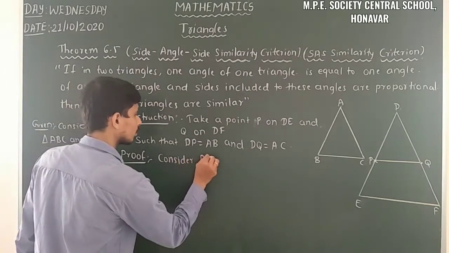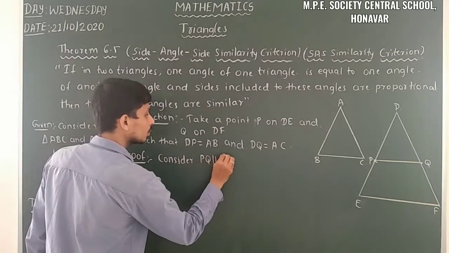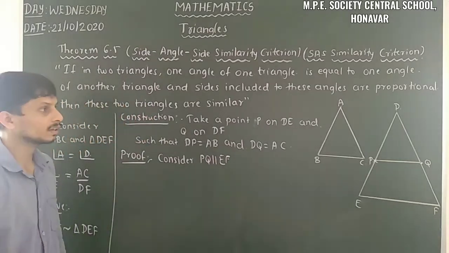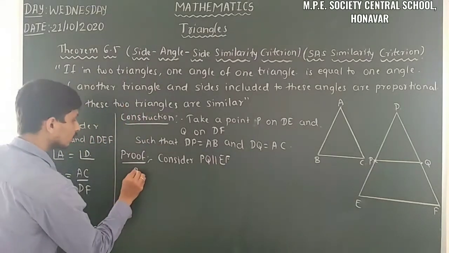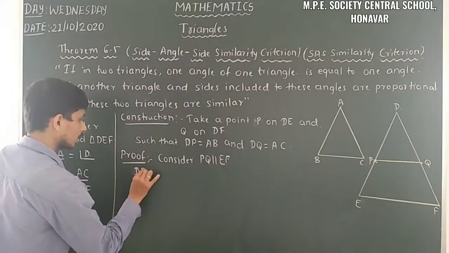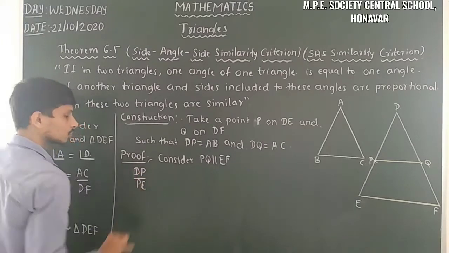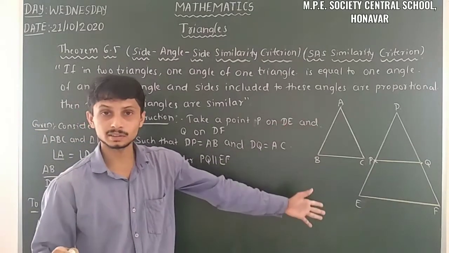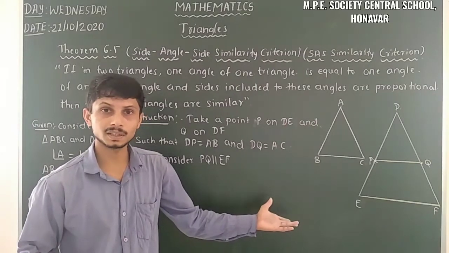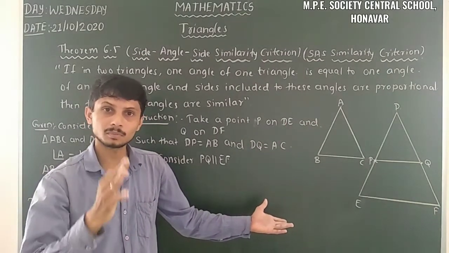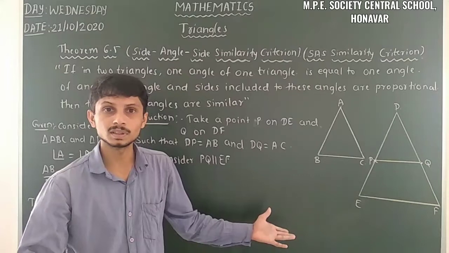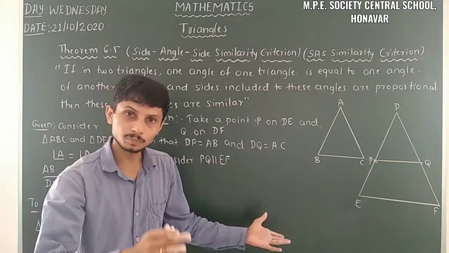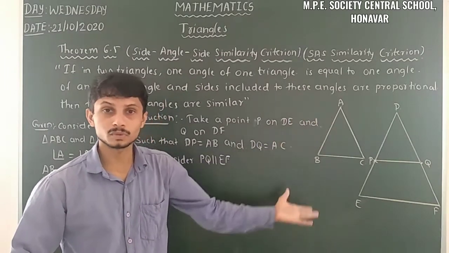Consider PQ is parallel to EF. Then we have DP by PE, and we can also take DP by DE, both are the same, as we know from the problems I solved and the proofs from theorem 6.1.